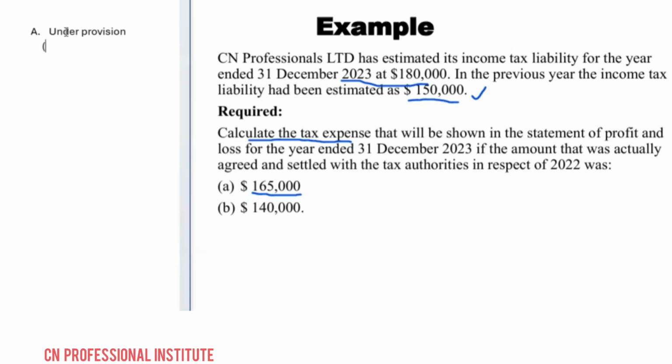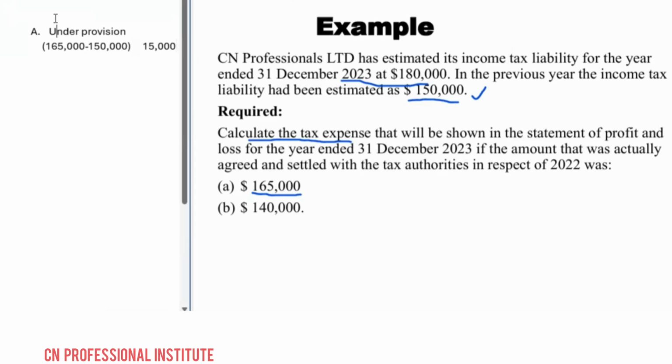That will be the 165 by the tax authorities, minus the provision that they have made. They made a provision of 150, so they have under provided, and that will give us 15,000.